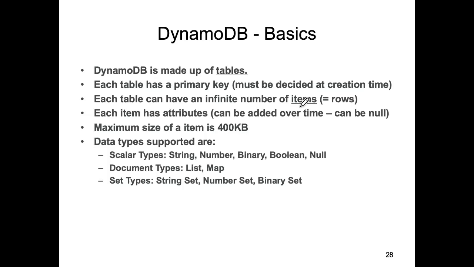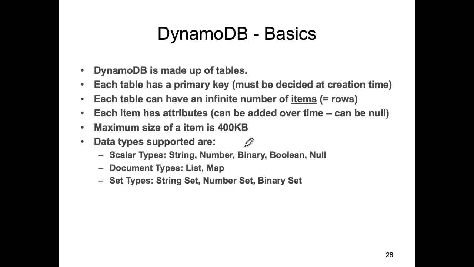Obviously, you have to be aware of that when you're interacting with it, but the DynamoDB service itself doesn't force you to have a structure for each item in a table. The maximum size of an item is 400 kilobytes. Okay, that's probably sufficient for one item or record.